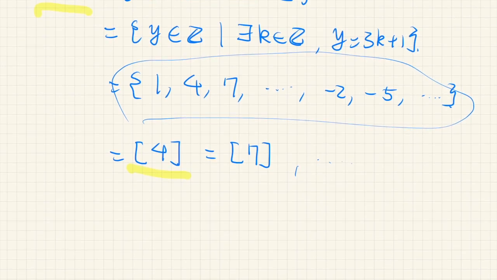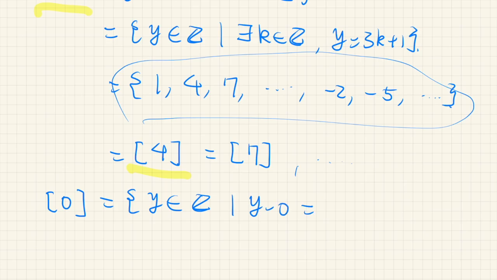Similarly, the equivalence class of 0 is all integers y such that y minus 0 is a multiple of 3, for some integer k.